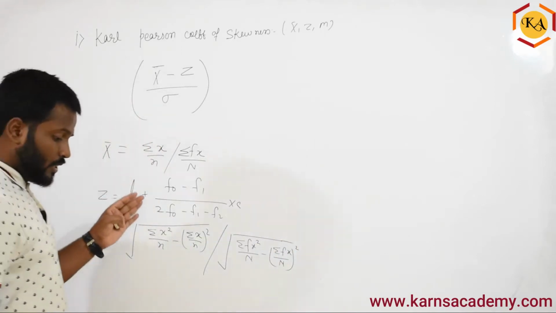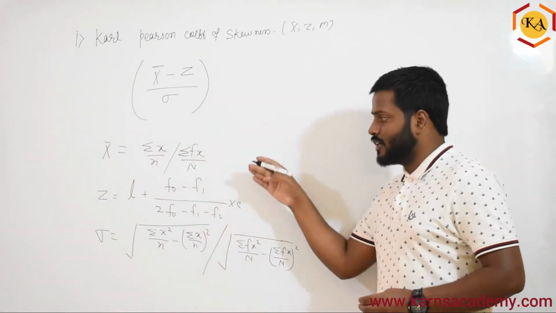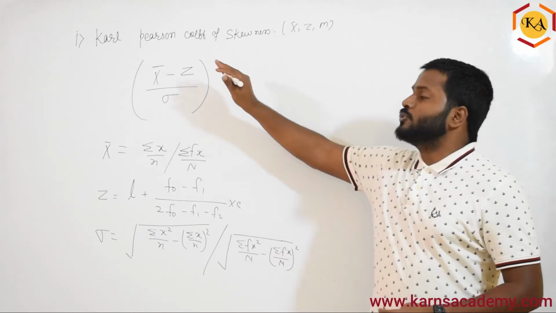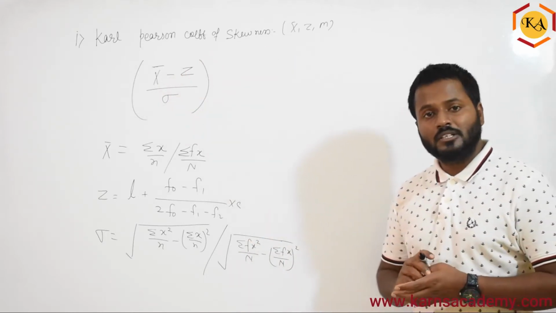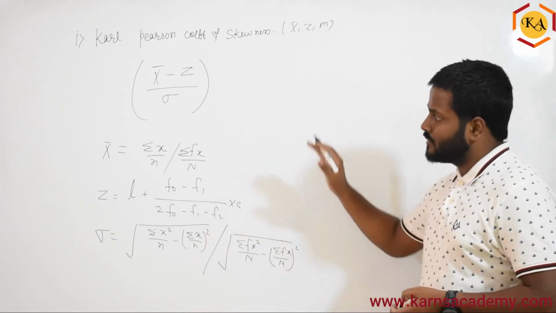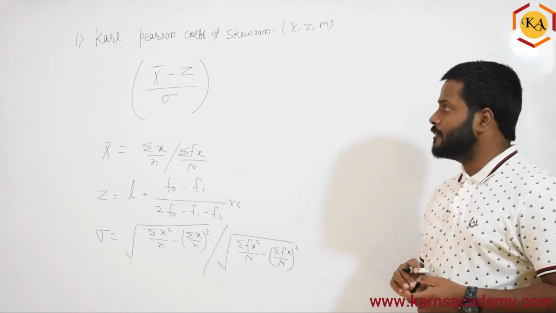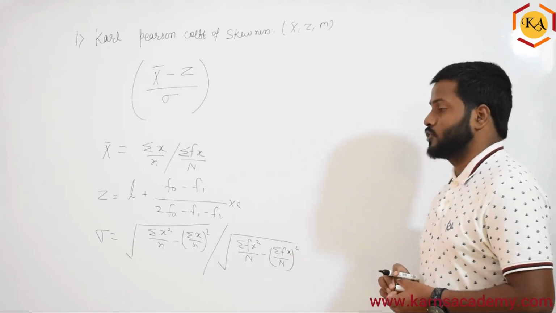By using these formulas, for any data given, you can easily find mean, median, mode, substitute the values here and find out. I'm not going to teach once again how to find the mean, median, mode. Directly find mean, mode and standard deviation, substitute there, and you can easily obtain the Karl-Pearson coefficient of skewness.